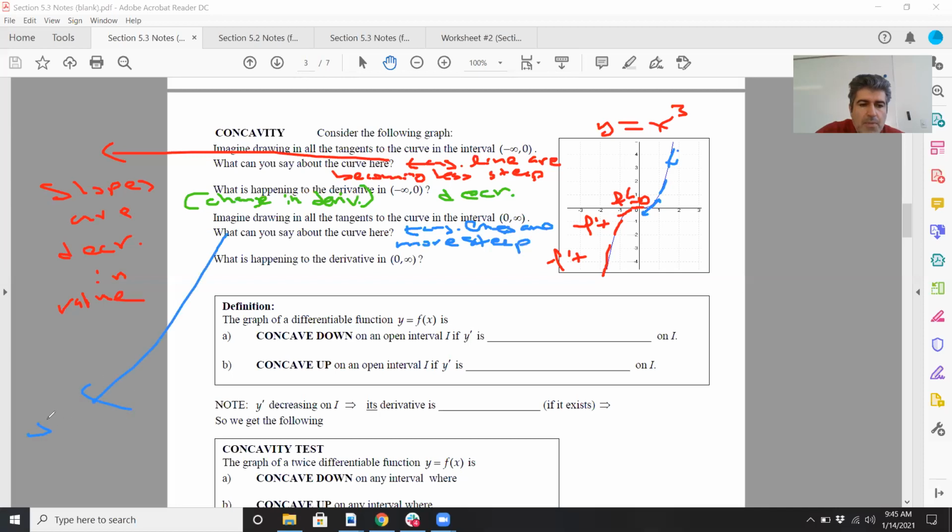So in this case, the slopes are increasing in value. You could say that the derivatives are increasing in value. The slopes are getting higher. So again, we see a change in the derivative.